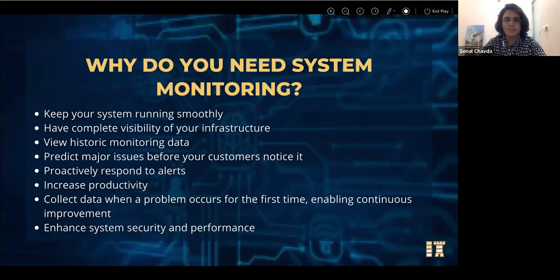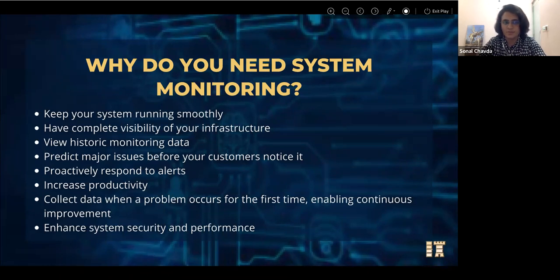So let's begin with why do you need system monitoring? Obviously, when you have your system in place, you want to keep it running smoothly without any interference, without any interruptions. And for that, you need to have complete visibility of your infrastructure, right from the overview down to the smallest component.